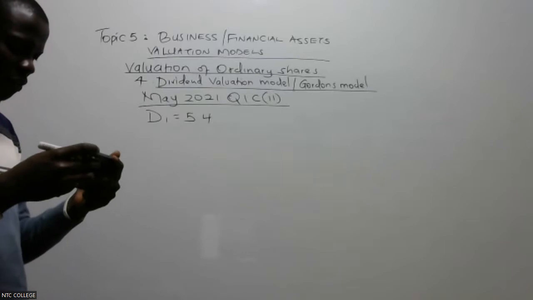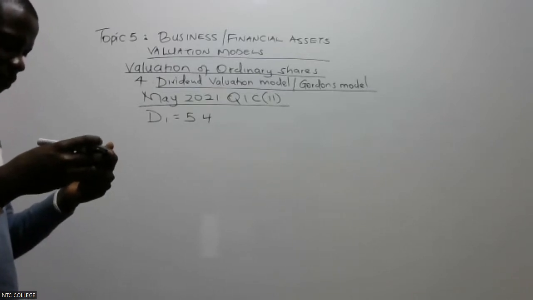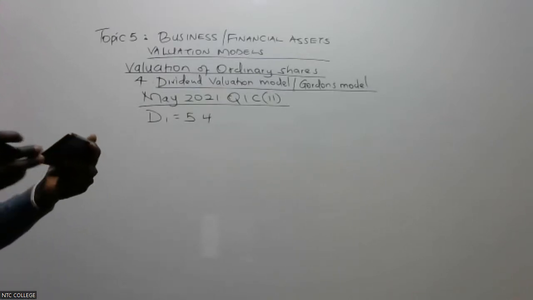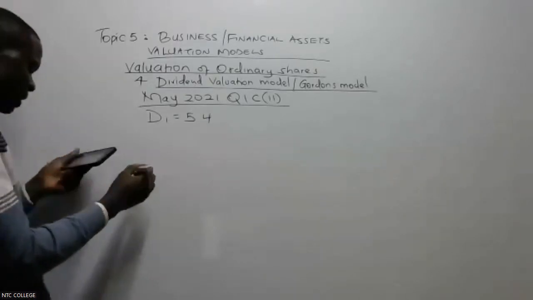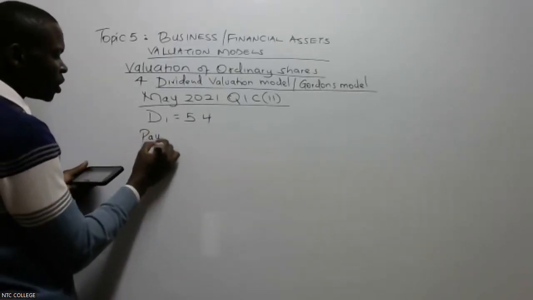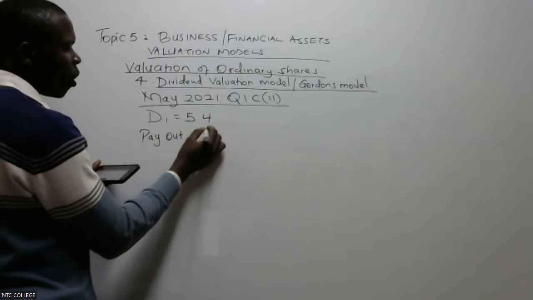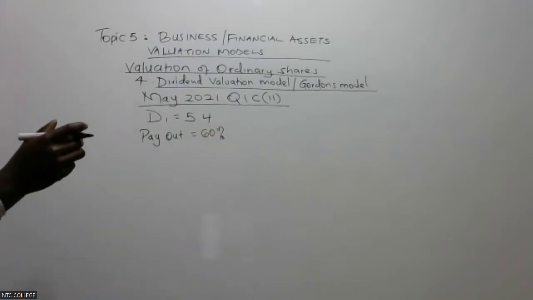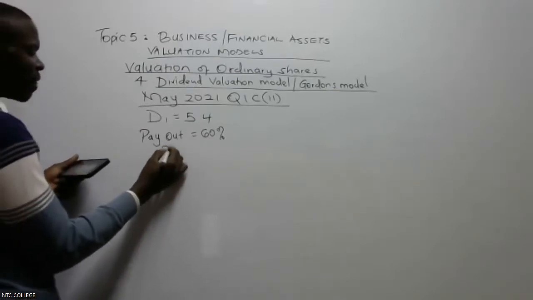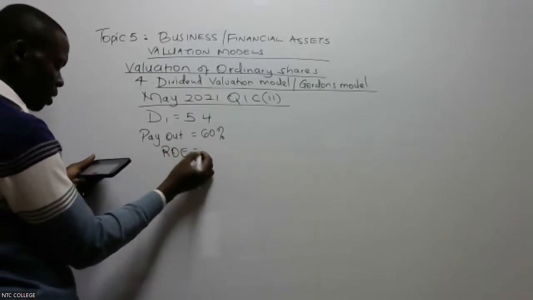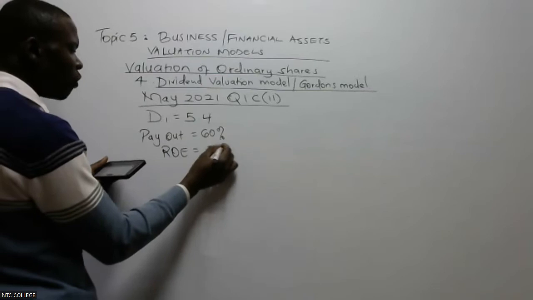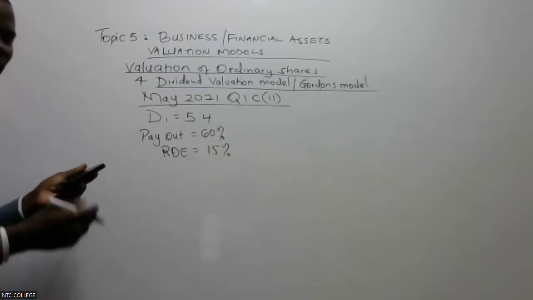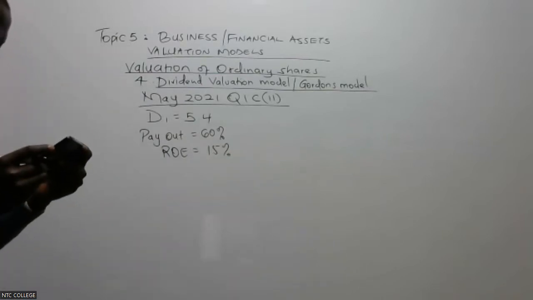First thing we look at, 5.4. Then we are told the company's dividend payout ratio is 60%. Then the return on equity of 15%.